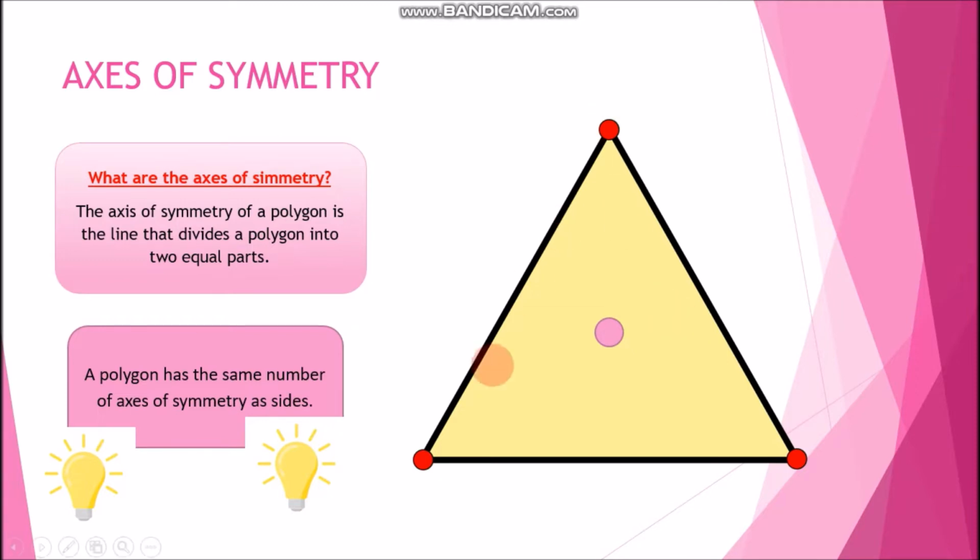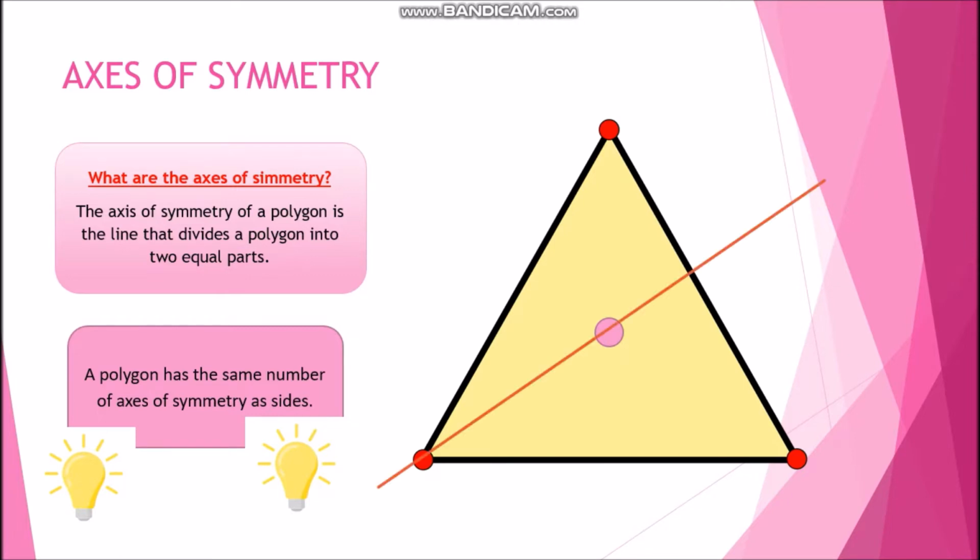For example, this is a triangle and I can divide this triangle into equal parts. Tengo este triángulo y puedo dividirlo en dos partes iguales. For example, in this form. Okay, but too, I can divide this triangle into equal parts in other form.